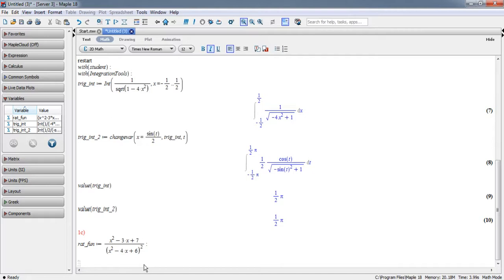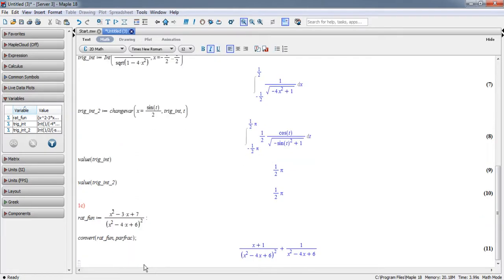And so the next thing we want to do is the following. We want to type in convert, and I want to convert that thing that I just named using what? Using partial fractions. Okay? And there you have it. So what has this done for us?